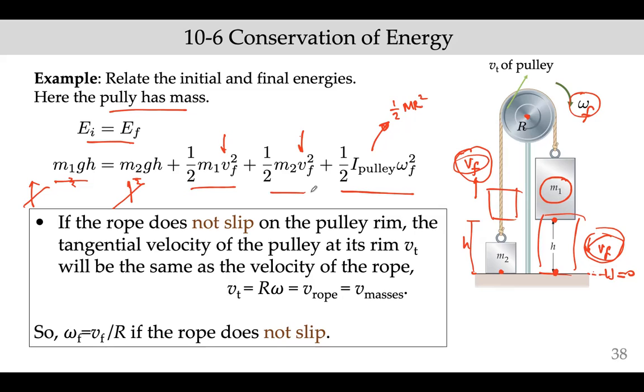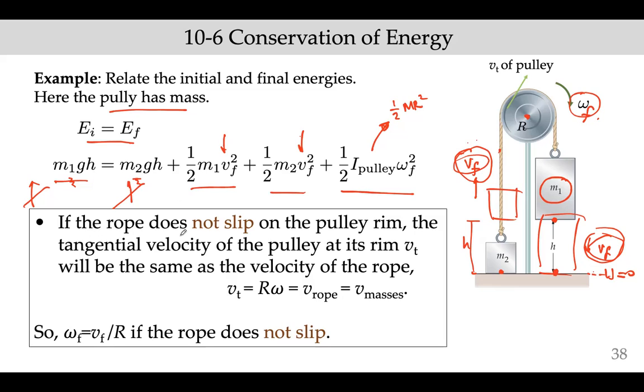Now in general, this rotational motion and this V final, the linear motion, could be different if the rope is slipping. If there's any bit of slip in the rope around the pulley, then the velocity of the masses, or the velocity of the rope, and the angular velocity of the pulley will be different in general.